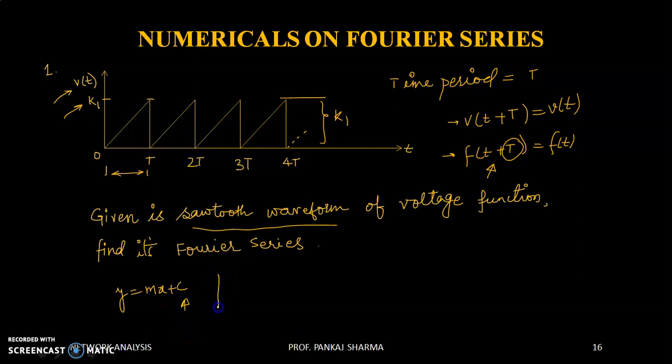This formula is for a function which is not passing through the origin. But in this case, the waveform is passing through the origin. So c will be 0 here.